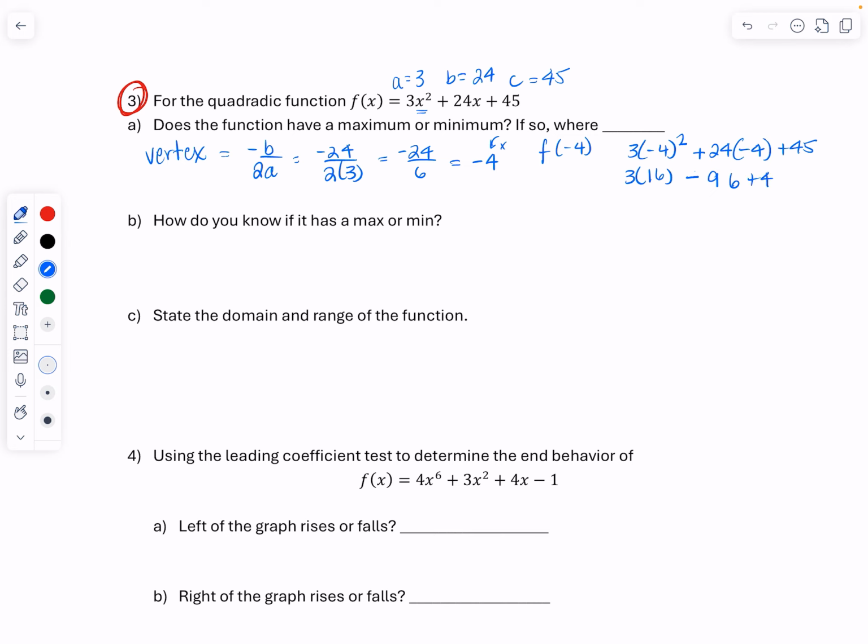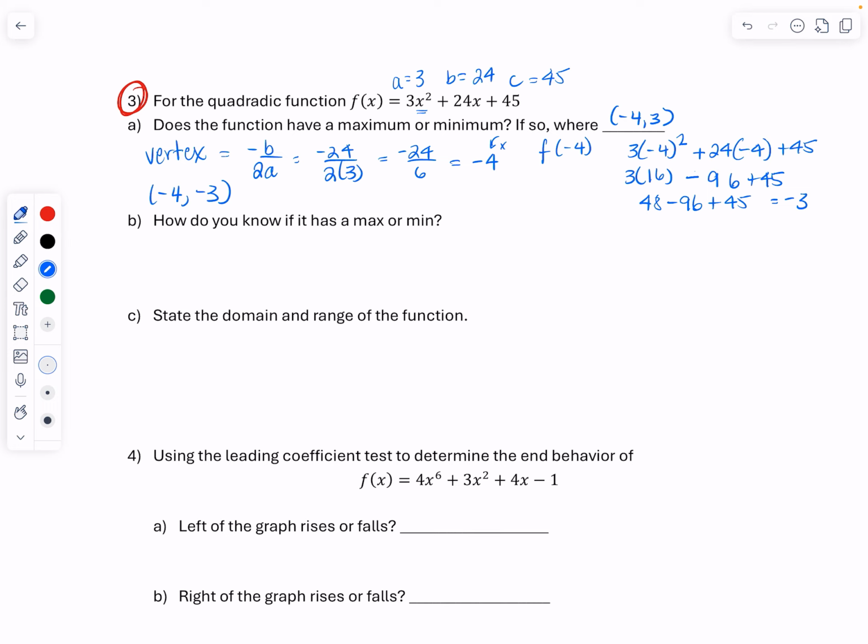And then plus 45. So let's do this together. 3 times 16 gives me 48. 48 minus 96 plus 45 is what we're after. And when I do that, I get a negative 3. So my vertex is at negative 4, comma, negative 3.